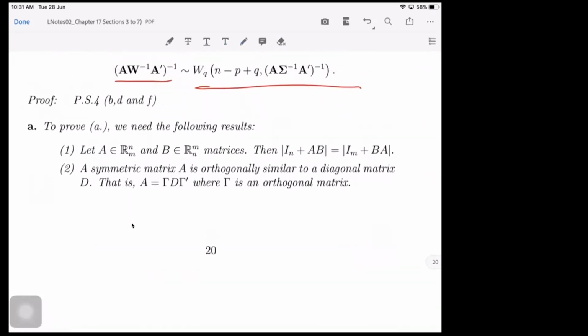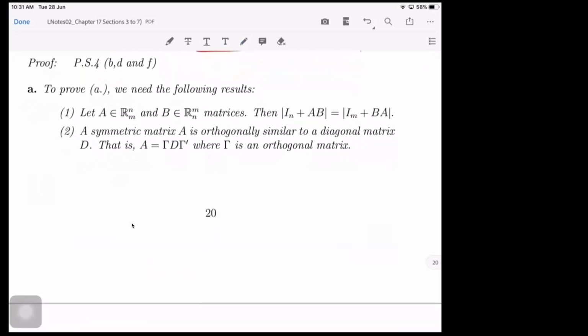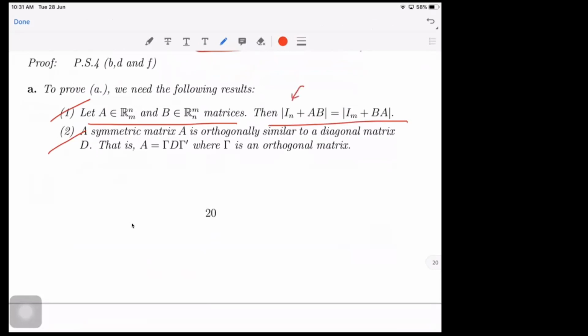The first is letter A. Letter A talks about the moment generating function of a Wishart distribution. To prove that, you have to know these two results. If A is a matrix and B is also a matrix, then the determinant of the identity matrix n by n plus AB is equal to the determinant of the identity matrix m by m plus BA.